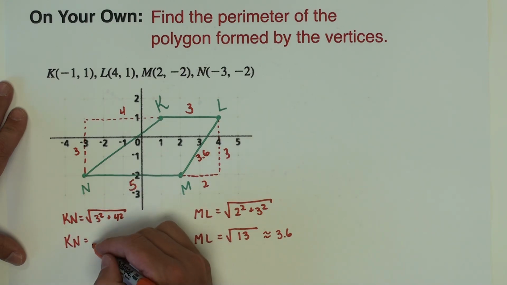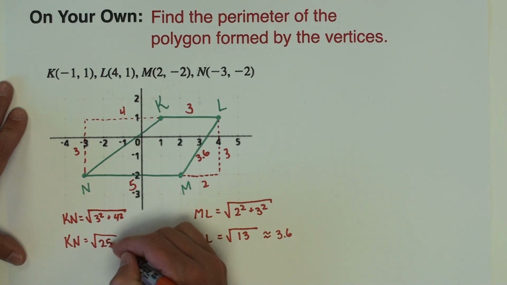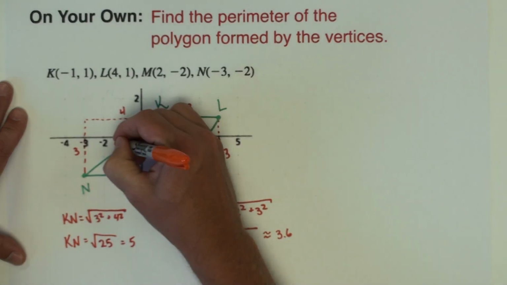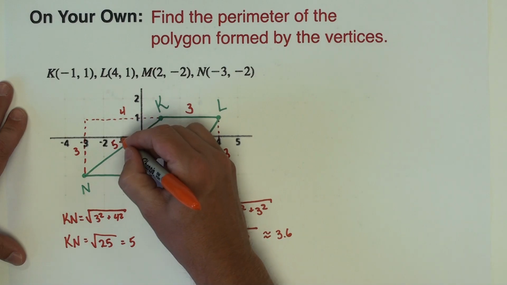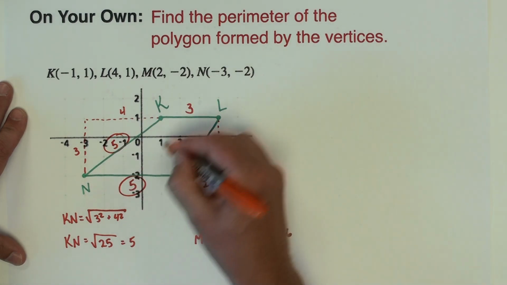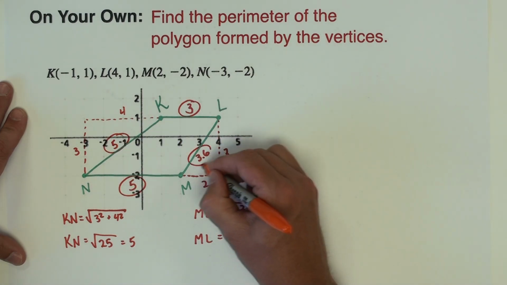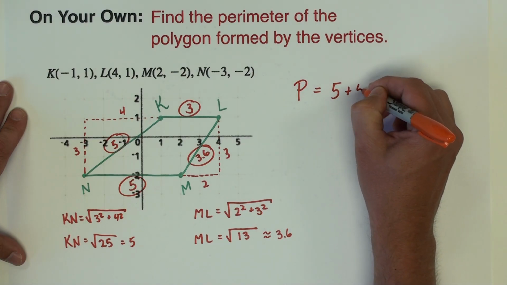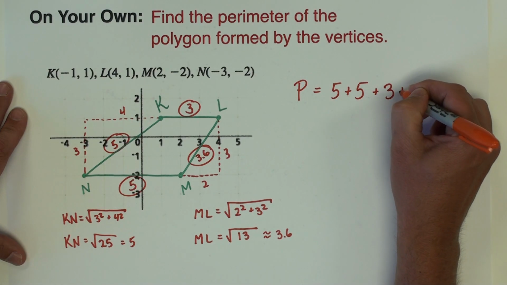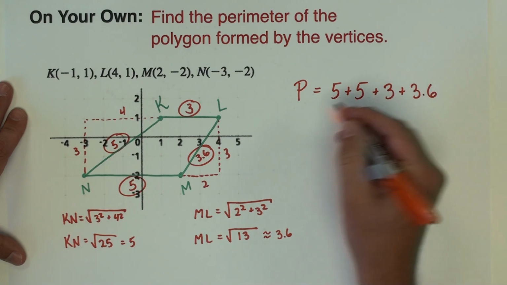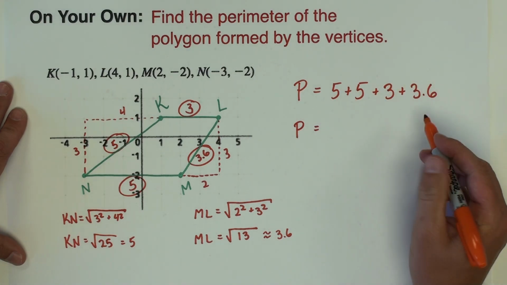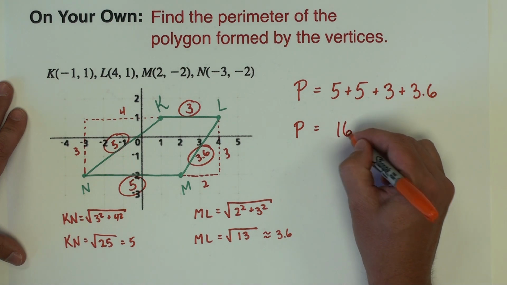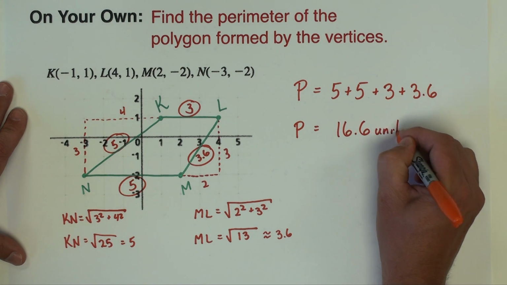That's 9 and 16, which is 25, which is 5. Okay, so our 4 sides are 5, 5, 3, and 3.6. So the perimeter is 5 plus 5 plus 3 plus 3.6, which makes our perimeter 16.6 units.